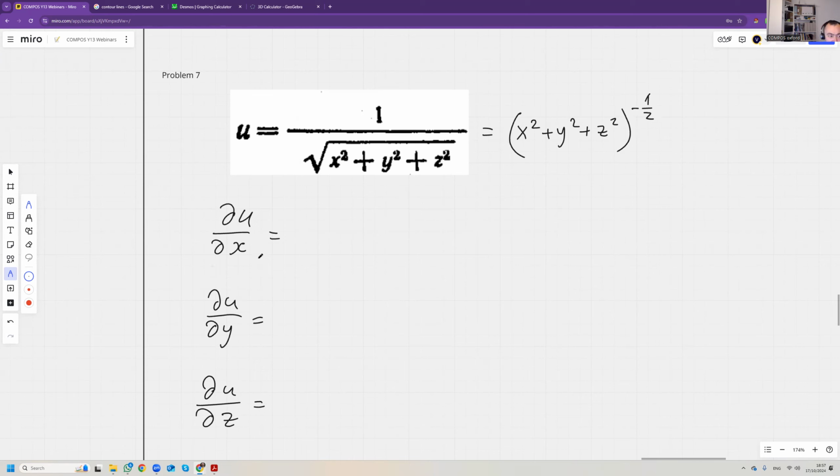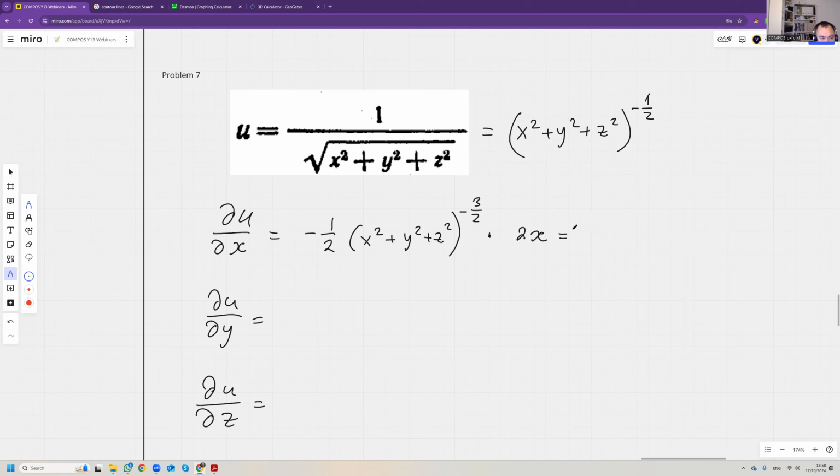Differentiating with respect to x, that's going to be minus 1/2 (x² + y² + z²) to the power minus 3/2, multiplied by the derivative of the inside function, which is 2x.